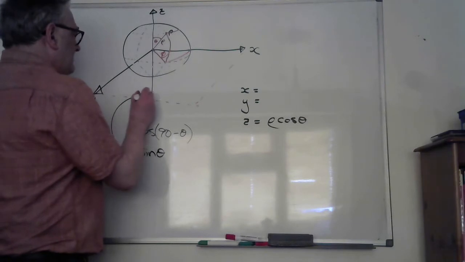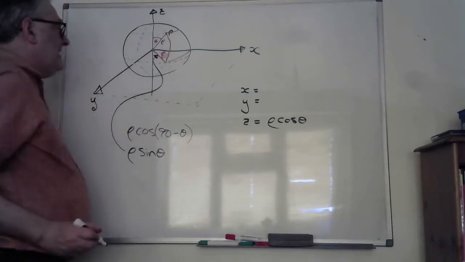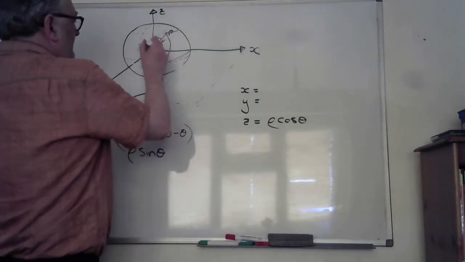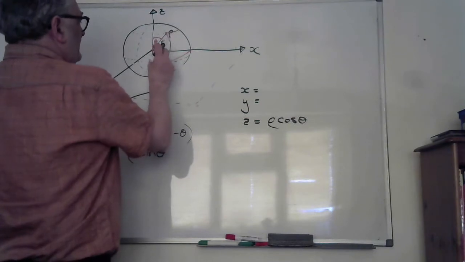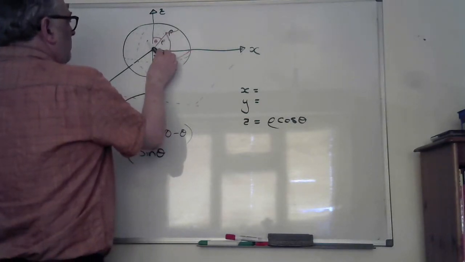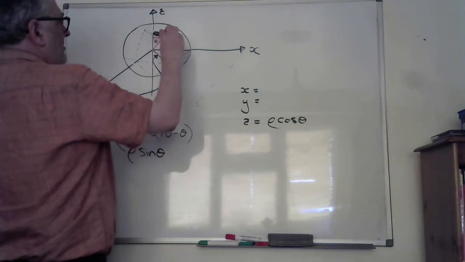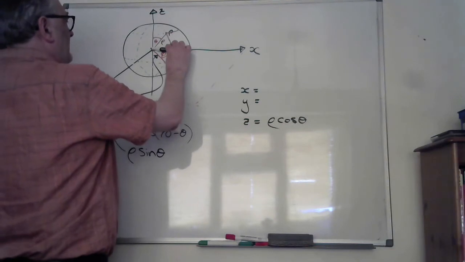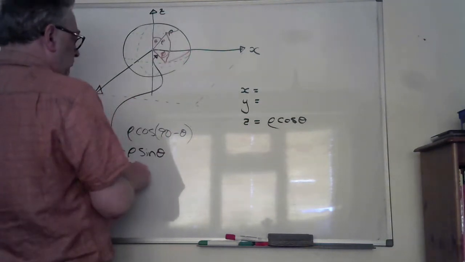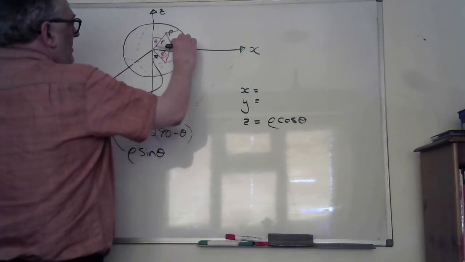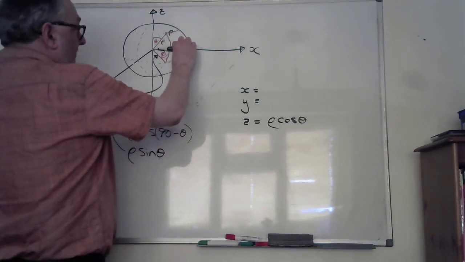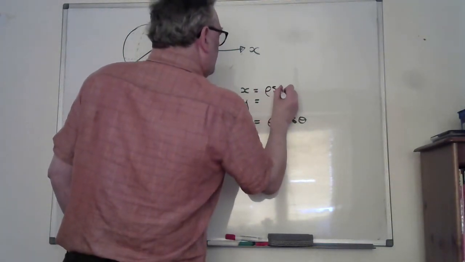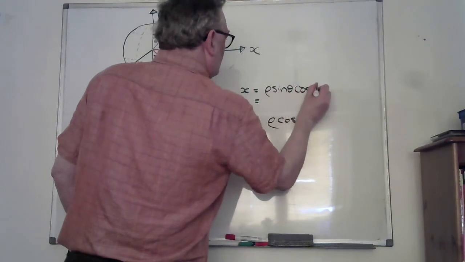So that is what that red line is. Now we can't just have that red line sticking out doing nothing. We resolve it through angle phi to give us the x polar coordinate. So we've got rho sine theta along here, cos phi, so x is rho sine theta cos phi.